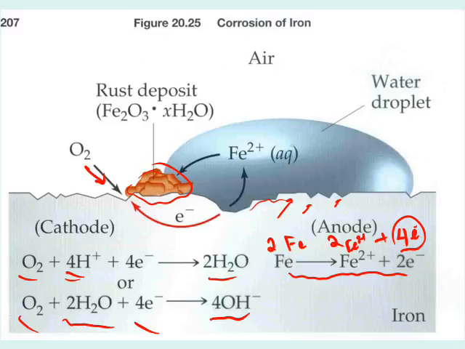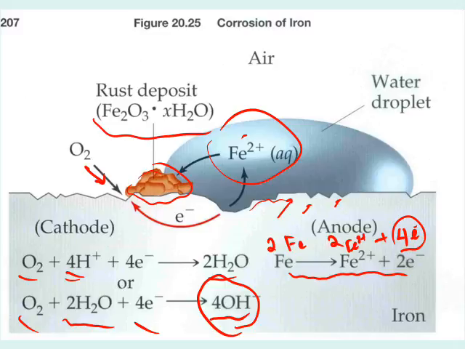Either way, you can explain this electron consumption on the other end, where the cathodic reaction happens. This OH minus reacts with Fe2 plus, because remember, when Fe becomes Fe2 plus, it goes in water solution. This is the rain droplet. Fe2 plus reacts with OH minus and first gives a series of reactions of ferric hydroxide, and finally it becomes ferric oxide, which is a rust-colored deposit.